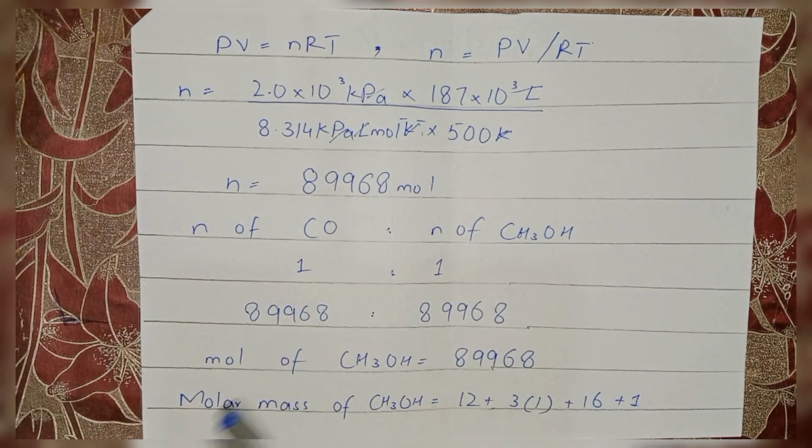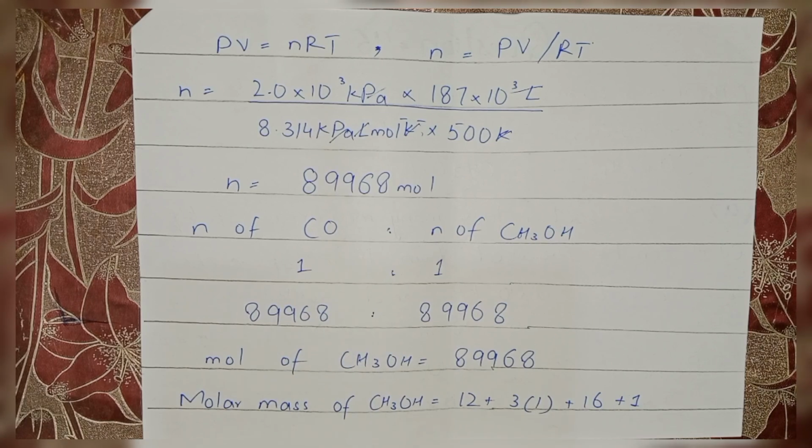We know that from the second equation, the moles of carbon monoxide are equal to the moles of methanol. Here, 1 mole of carbon monoxide produces 1 mole of methanol. So 809,968 moles of carbon monoxide will also produce 809,968 moles of methanol. So the moles of methanol are 809,968, which are produced from the 809,968 moles of carbon monoxide.